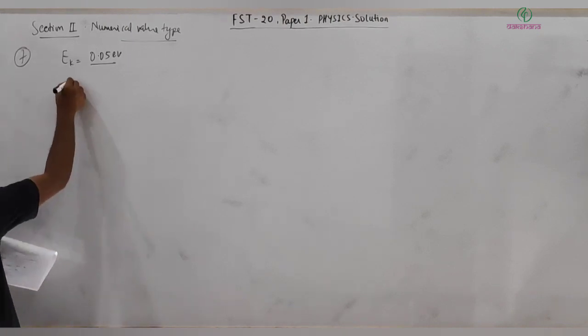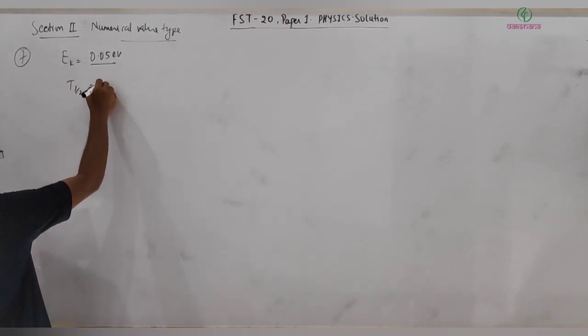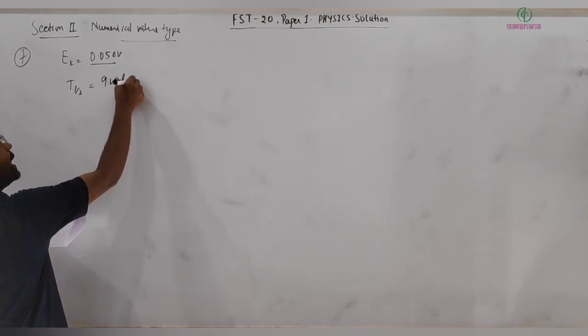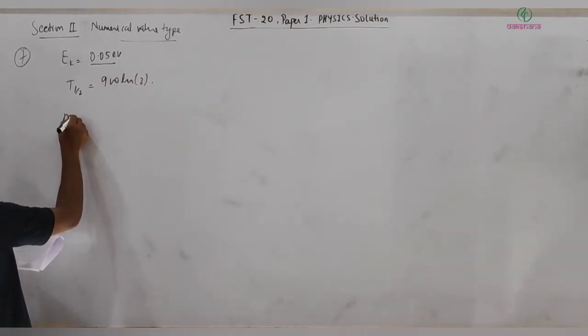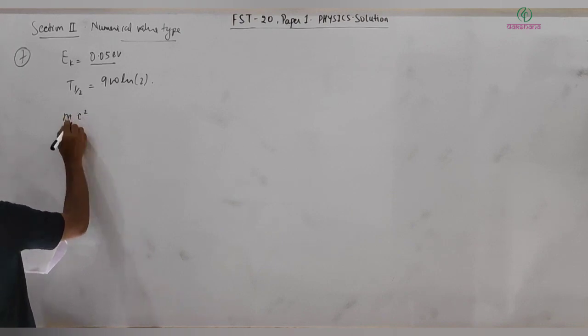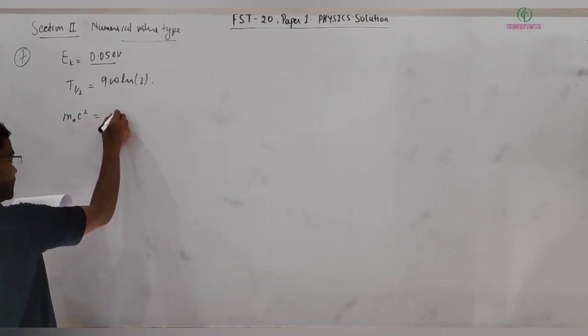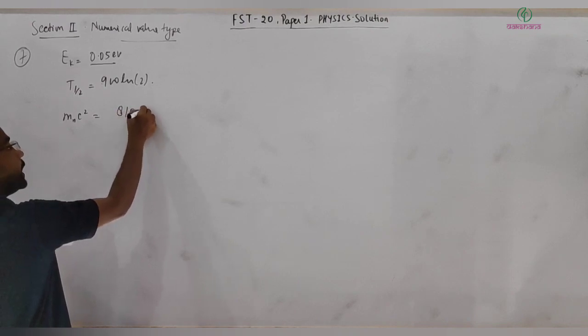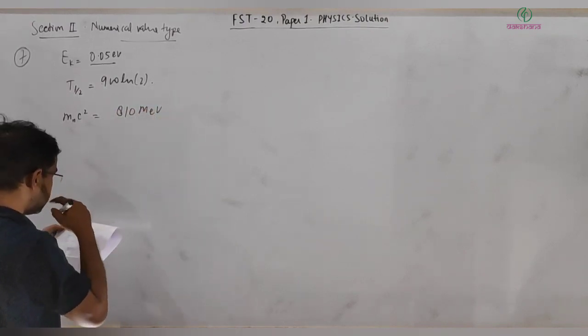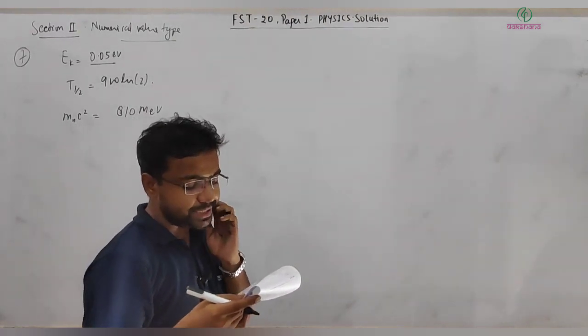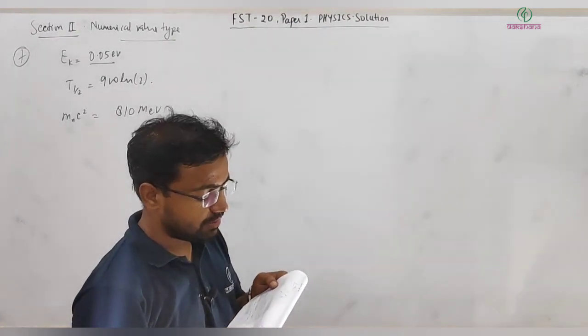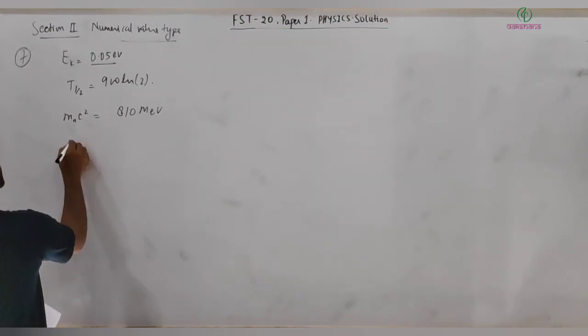The half-life T of the neutron is given as 900 ln2, and its rest mass energy mn c square is given as 810 mega electron volt. This is the information given. Find the fraction of the number of neutrons which will decay before the beam travels a distance of 10 meter.